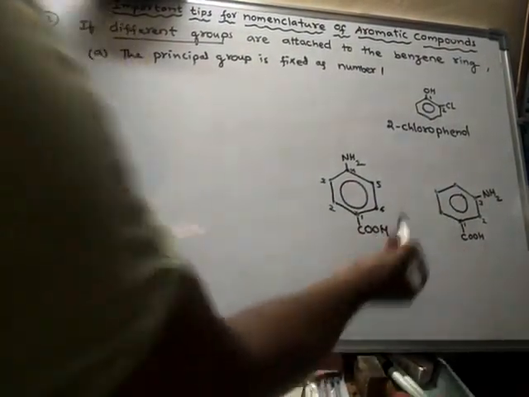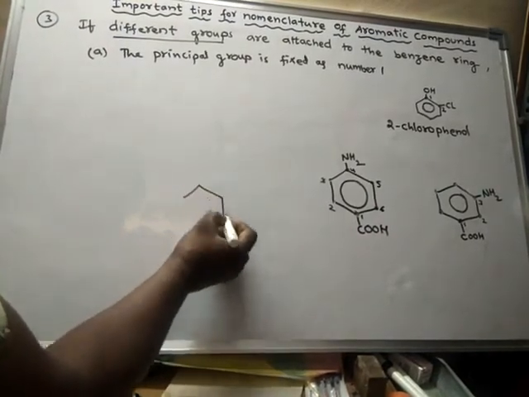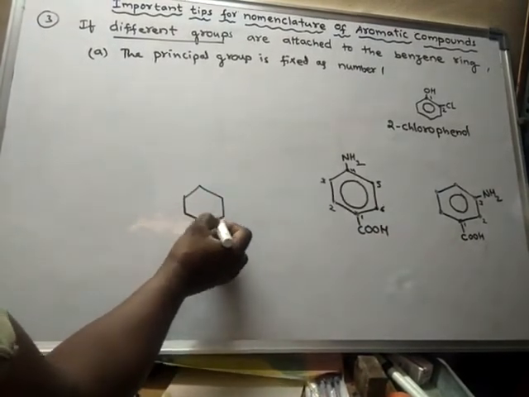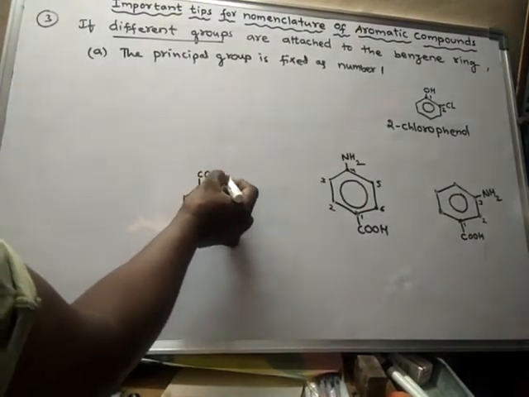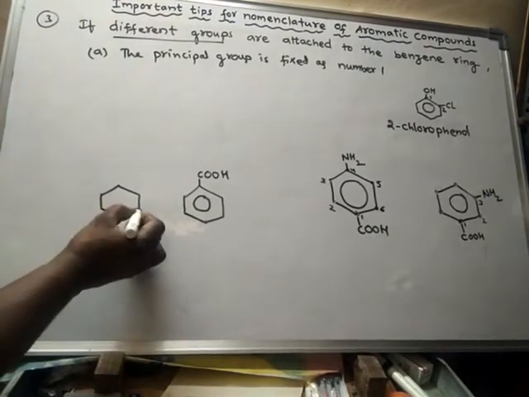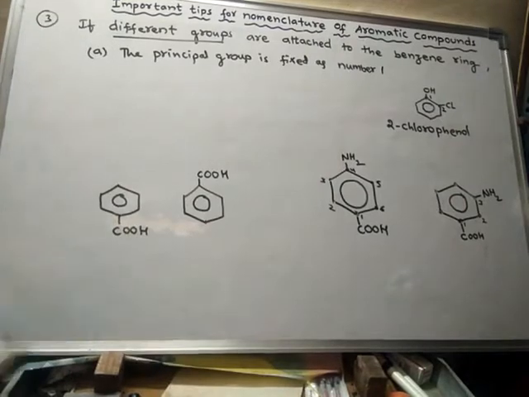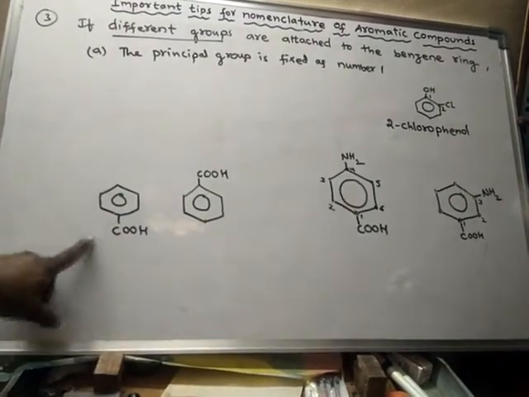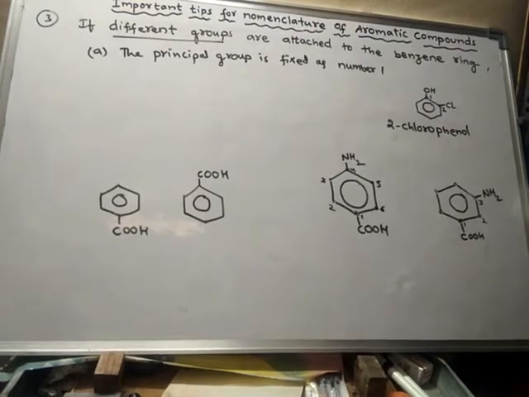So what is the name of this compound? Remember that on a benzene ring, if COOH is present, then that compound is said to be benzoic acid.